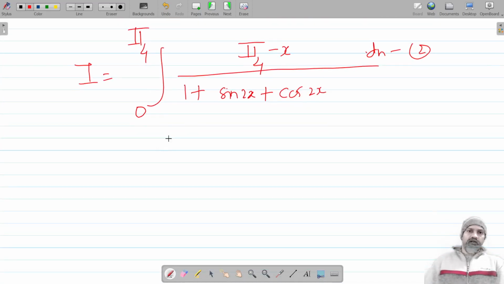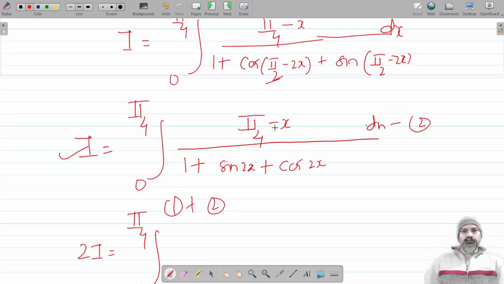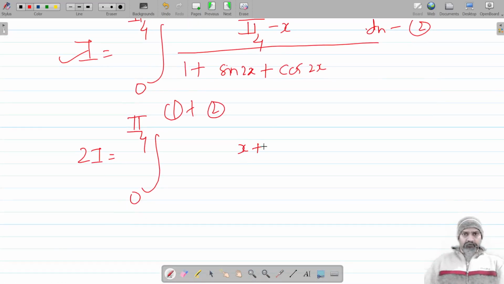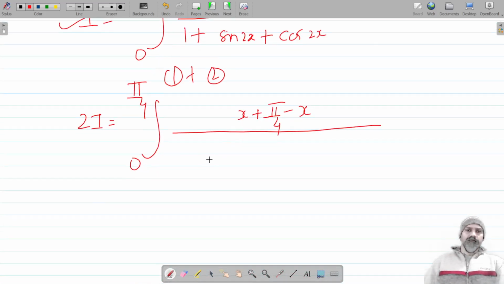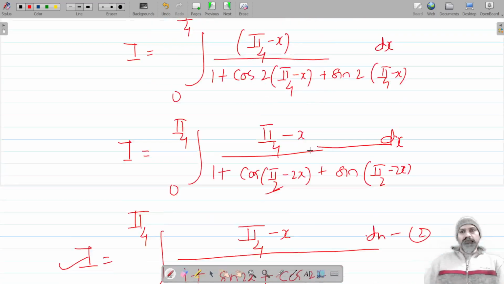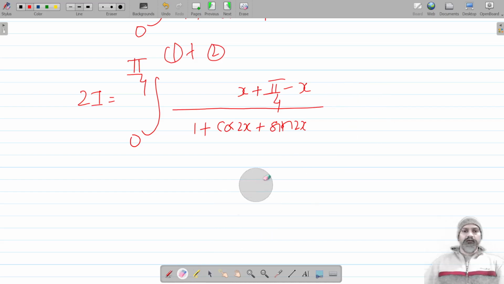Let this be equation 2, so let's add 1 and 2. 1 plus 2 gives I plus I is 2I, which is equal to the integral from 0 to pi by 4 of x plus pi by 4 minus x, upon 1 plus cos 2x plus sine of 2x, because this is the same, so it remains as it is, into dx.